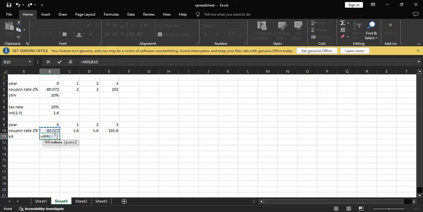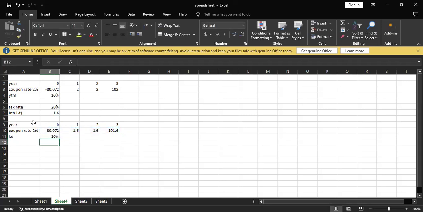Select all the cash flows. Bracket close. Now see, this is coming the same by chance because it is a very minor change. The figures are being rounded off.